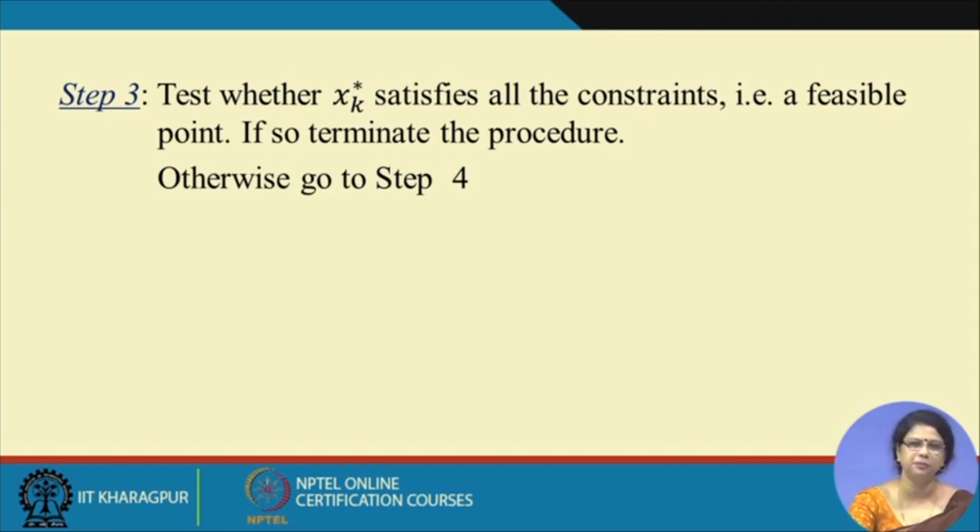If it satisfies all the constraints, that means we are in the feasible region. That is why the corresponding optimal solution can be declared as the approximate optimal solution of the original problem. Okay? Now, in the process it may happen that we are moving c not very uniformly, so even if we just move uniformly by changing the value of p with some step length, it may happen that we will miss the boundary of the feasible space.